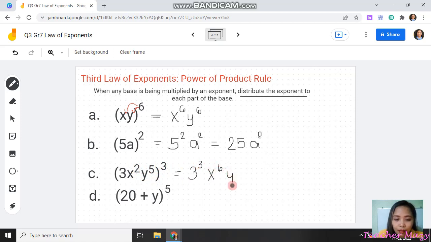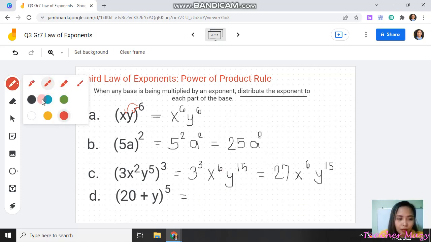And for y, 5 times 3 is equal to 15. We can simplify this one. Okay, so that is 3 times 3 times 3 is equal to 27. x raised to the 6th power, and then y raised to 15. So, as simple as that.